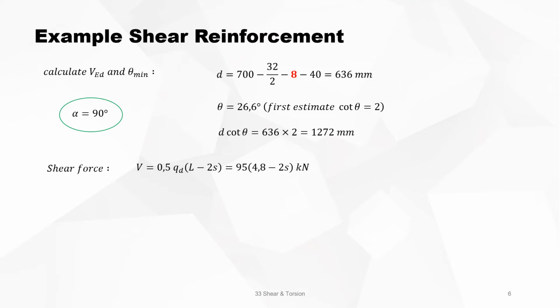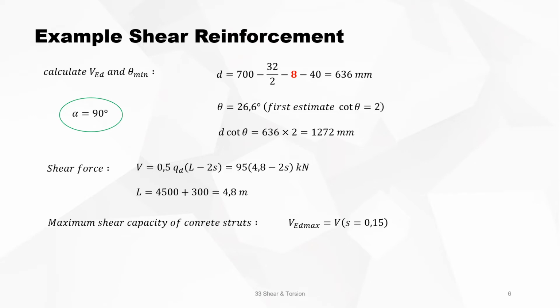The shear force as a function of a distance s from the whole system of the beam by simple statics gives us this equation. The length of the system is 4,500, the net length, plus the 300 is 4.8 meters.